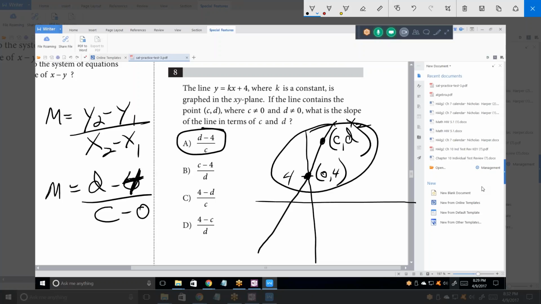But the key understanding is the slope between those two points is the same as the slope of the entire line. I could take two points down here, and it's going to be exactly the same slope between those two points. That's a key understanding for straight lines: whatever the slope of the straight line is, that's the same slope between any two points. In this case, we have a point there and a point there, so we can figure out that slope.